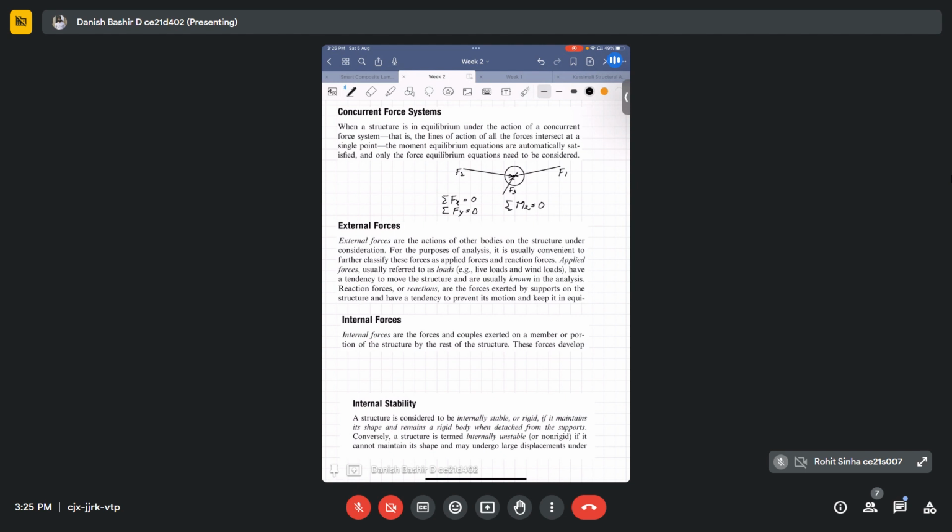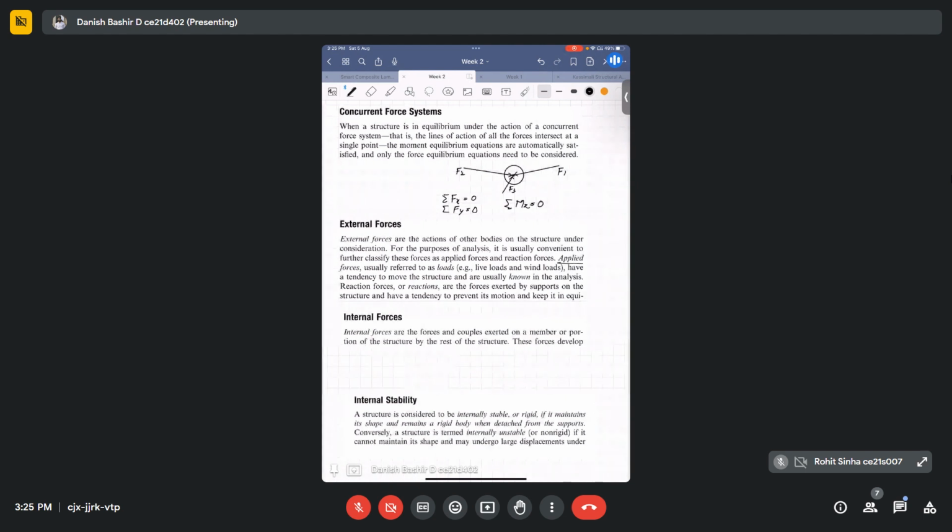For the convenience of the analysis, we further categorize these external forces as applied forces, usually referred to as loads, for example the loads acting on our structure, and reaction forces, which are the reactions developed at the supports. Internal forces are the forces and couples exerted on a member or a portion of a structure by the rest of the structure.